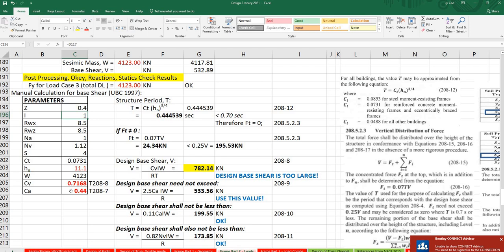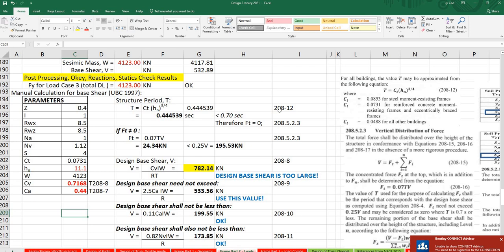And then, CV and CA. First, punta tayo sa structure period T. Sa basic physics, harmonics, waves, things like those, ang definition ng period is the time to complete one cycle. Okay? Vibration, meron ding period yan.